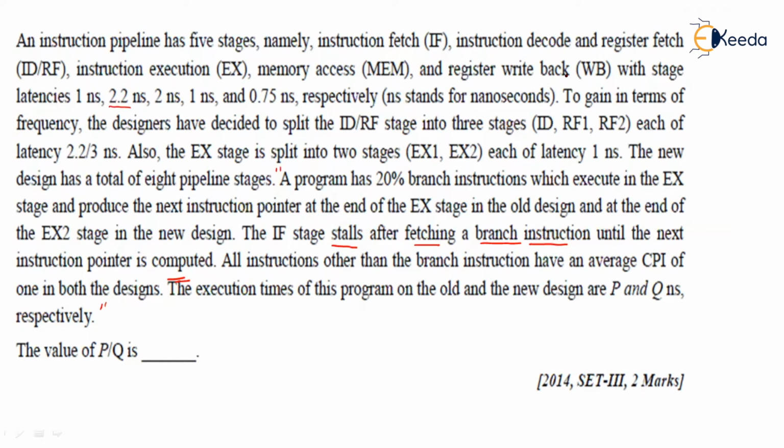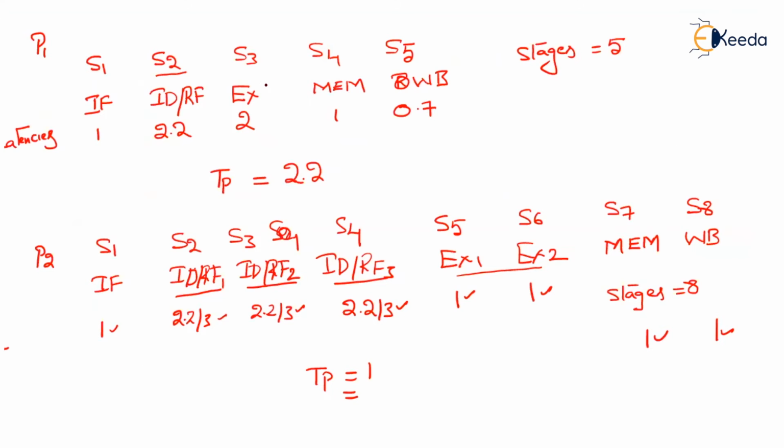When does it get computed? Here is the detail: the next instruction pointer will get computed at the end of the EX stage in the old design, and at the end of the EX2 stage in the new design. That is here. After this, the next instruction pointer will get computed.